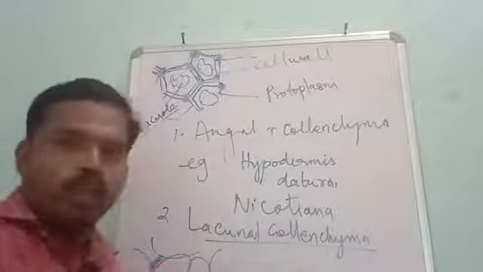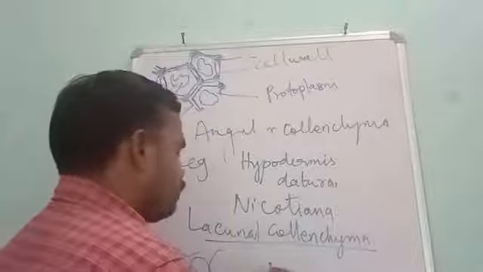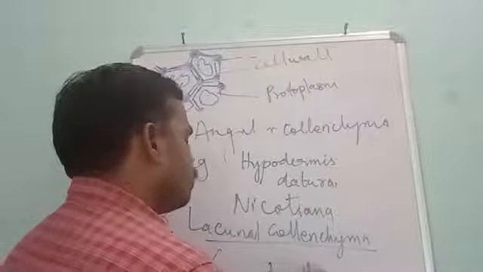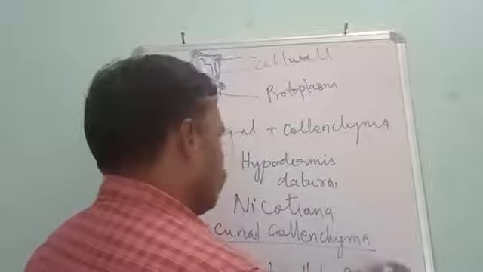This is a lacunar collenchyma with oval-shaped cells, and the intercellular space is pectinized.